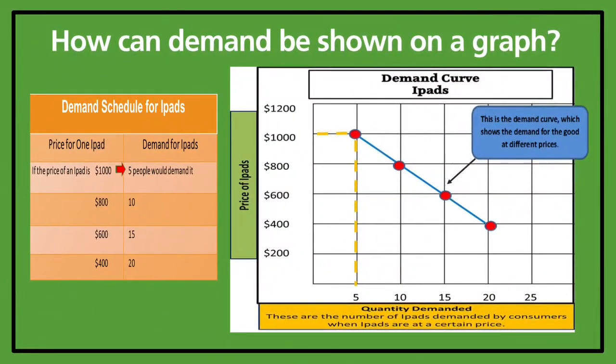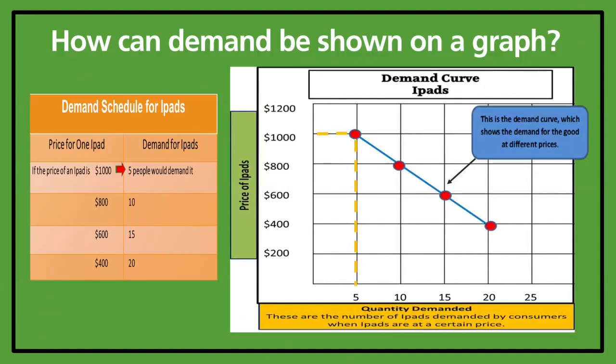We then take this demand schedule and we plot it into a graph. Where the red points are on this graph, those are the points from our demand schedule. Let's start at the top. We have a title. Our graph must always have a title. The axes must always be labeled.